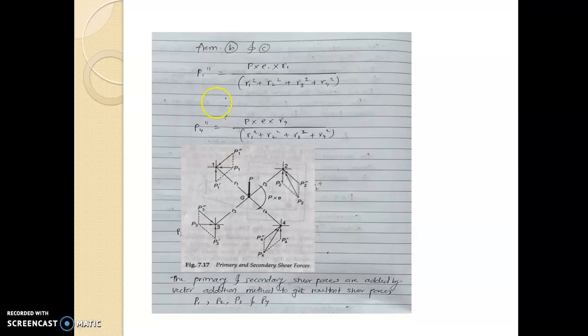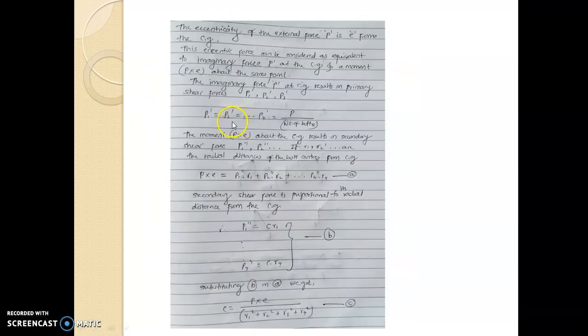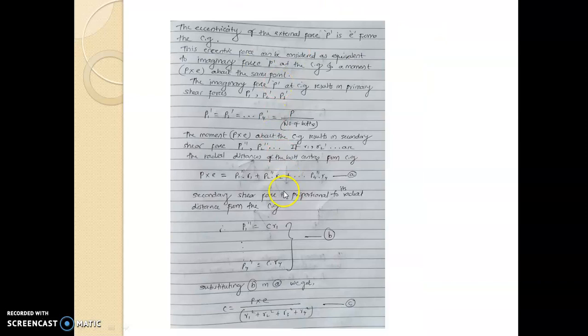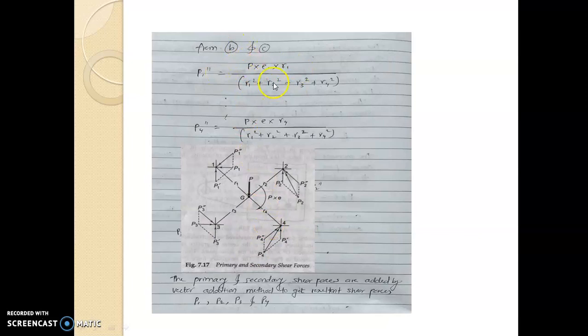So in this eccentric loading diagram, in this type of diagram and in this type of calculation, we first have to calculate the primary shear force, then the secondary shear force.